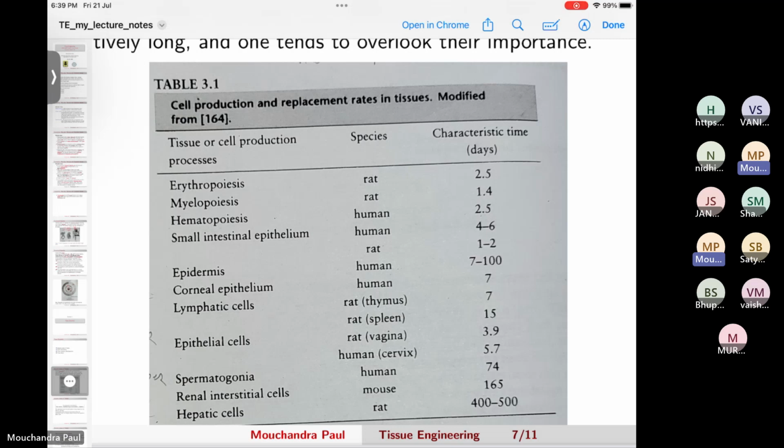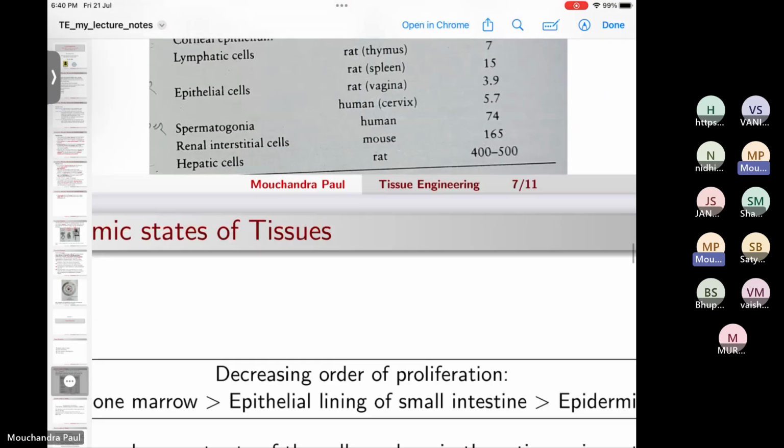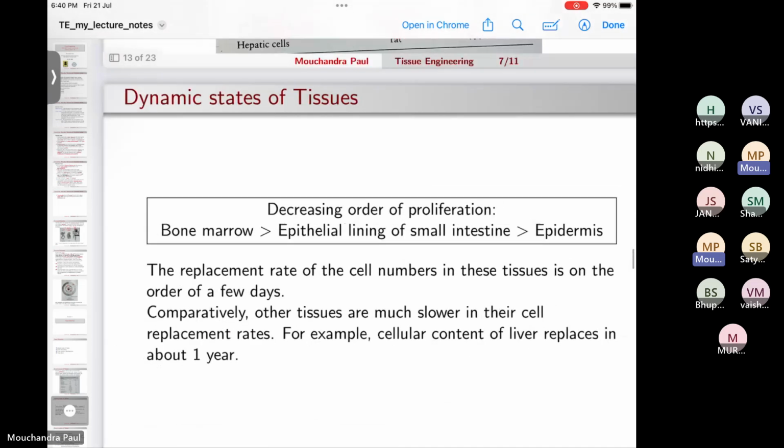Any queries? Great, no queries. If you see the hepatic cells, that is the liver cells, in rat, they take at least 400 to 500 days, more than a year, to regenerate. So these are a few examples.